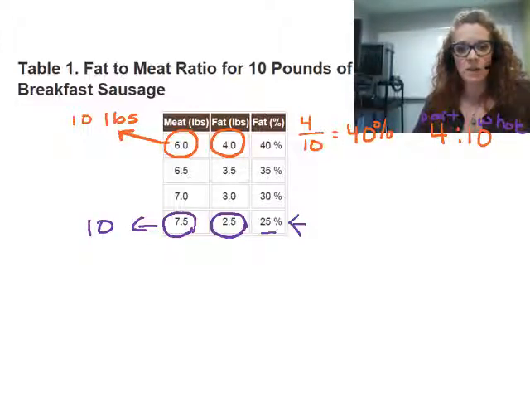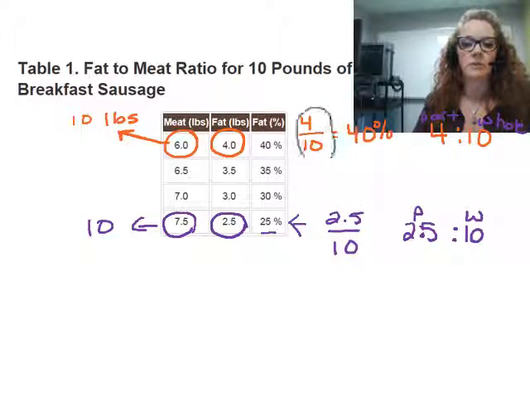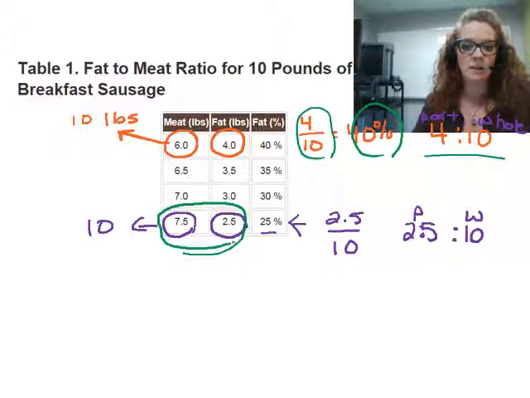And so now you have 2.5 pounds out of 10, or 2.5 to 10 as a part to whole ratio. And so you can see how ratios are related to fractions, which are related to percents, and you can write them as part to whole, or you can write them like they did here as part to part. Happy sausage making.